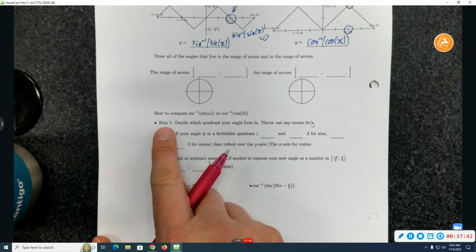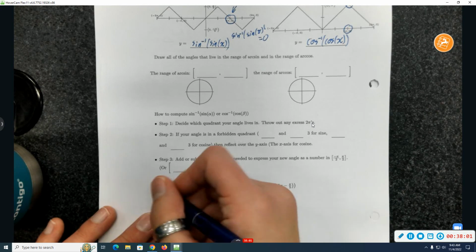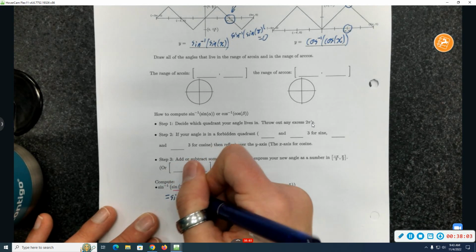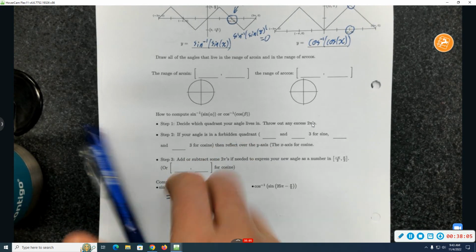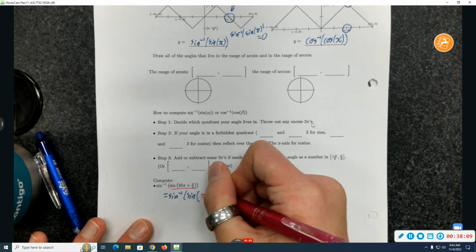Let's figure out what quadrant that lives in and throw out any excess 2 pi's. Are there any excess 2 pi's in that angle? Yeah, 12 of them, I guess. So let's replace that 25 pi with just pi plus pi over 12. Sine inverse of sine of pi plus pi over 5.